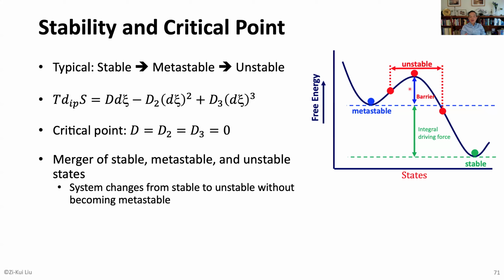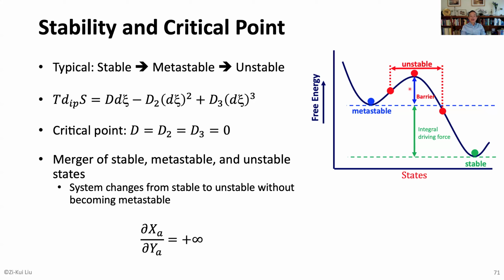So the system changes directly from a stable state to an unstable state without becoming metastable. That point we call the critical point. At that critical point, for this one internal variable, the first derivative, second derivative, and third derivative all equal 0.